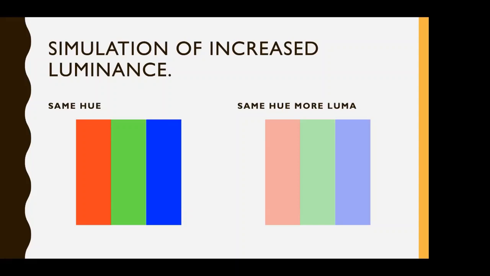Now it looks fainter because I'm simulating it, but in fact, if this was light and I added more energy to the one on the right, it would be brighter, but the hues would be the same. The red is the same, the green is the same, the blue is the same, okay? So for the sake of professionals, these three stripes are the same colors, the same hue, the same color.